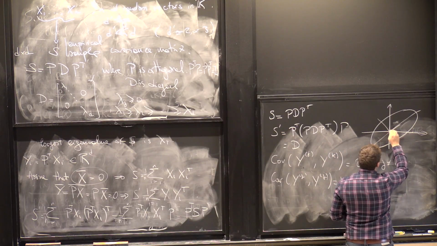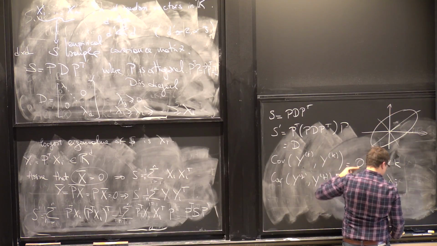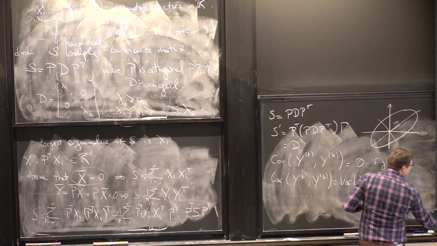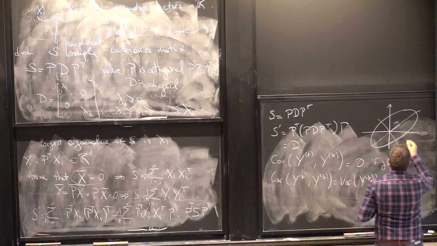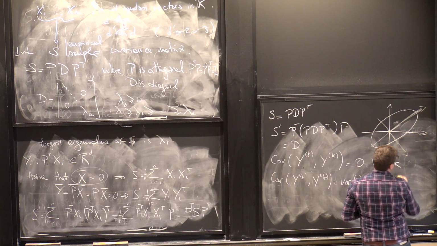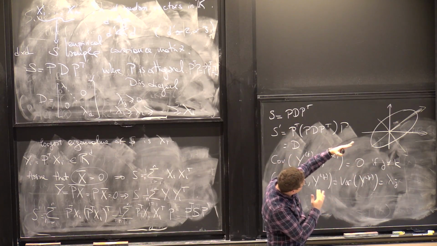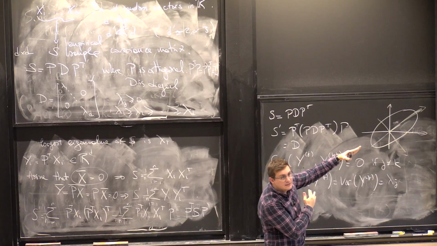Really what I'm doing is rotating this coordinate system. So now it becomes this guy, and now my ellipse is completely aligned.